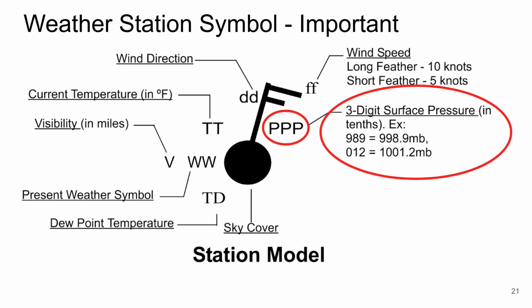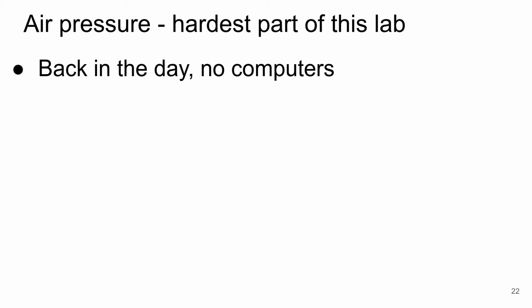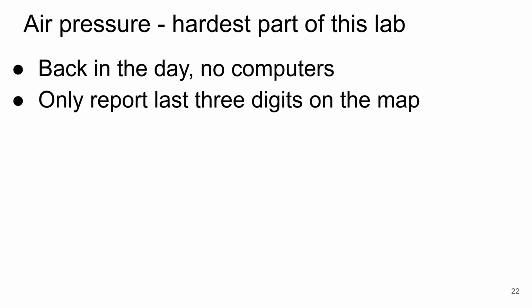Whew, air pressure. Okay, I said this before, I'll say it again. This is the most challenging part of the entire assignment, going back and forth between what the air pressure on the map says and what it really is. So back in the day, before computers, they had bandwidth problems, so they would only report the last 3 digits of air pressure on the map.